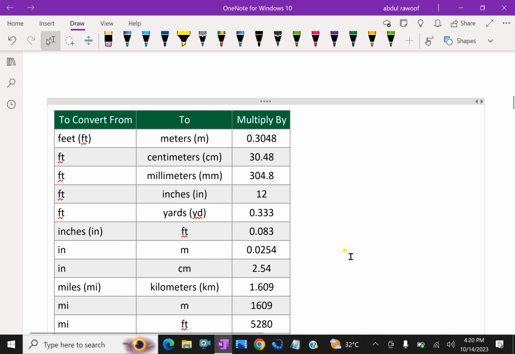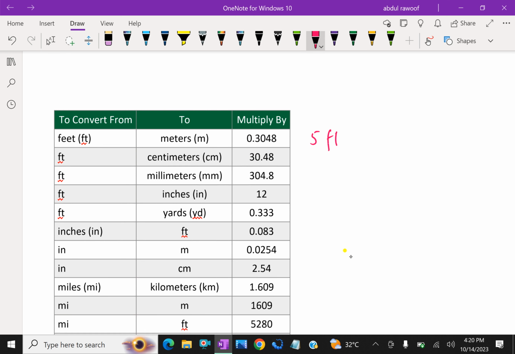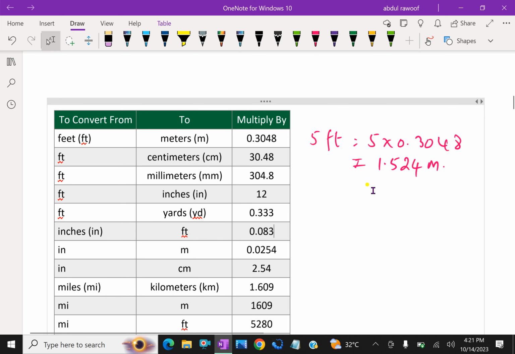For example, suppose 5 feet equals 5 into the conversion factor 0.3048, which is equal to 1.524 meter.